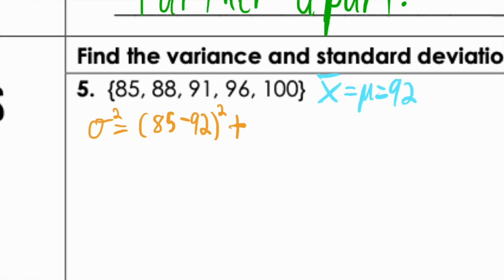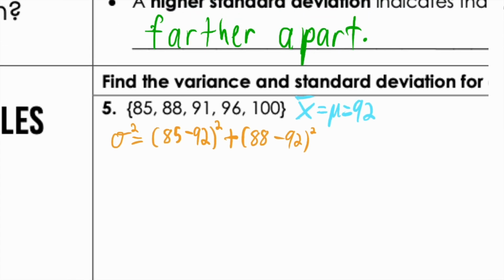And then you add the next one. And so you do the next one, 88 minus the mean, 92, quantity squared. And you do the same thing with the next 3 terms. And if there are 12 terms, you do it with 12 terms. If there's 28 terms, you do it with 28 terms. And this formula gets long.